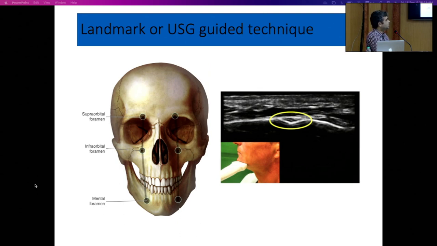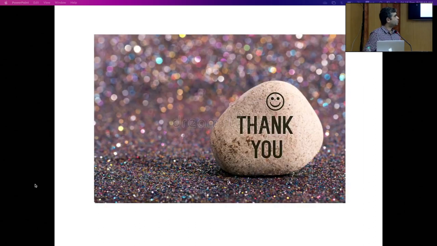So there are the supraorbital foramen, infraorbital foramen, and mental foramen. These all lie in the mid-pupil plane, and with ultrasound guidance, you can see that there is a dip in the bone, and you can simply block this mental foramen here. So thank you.